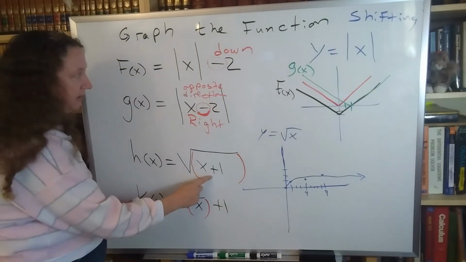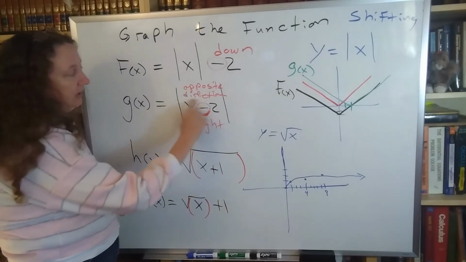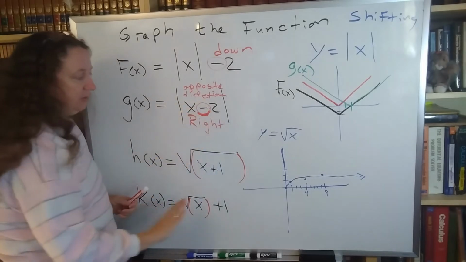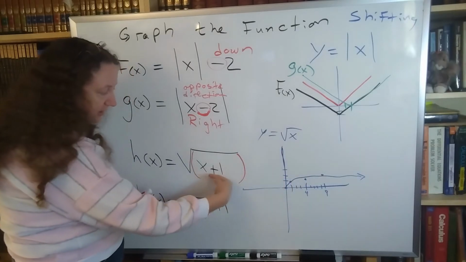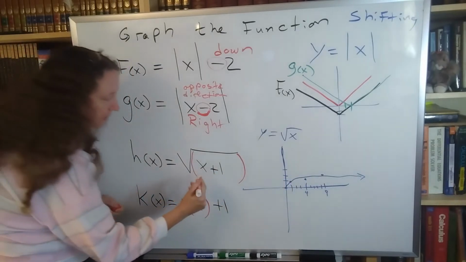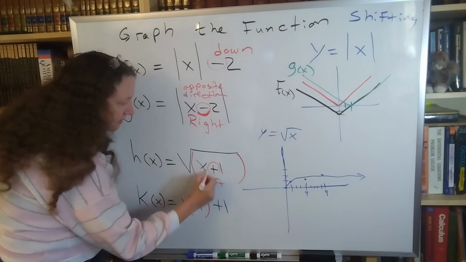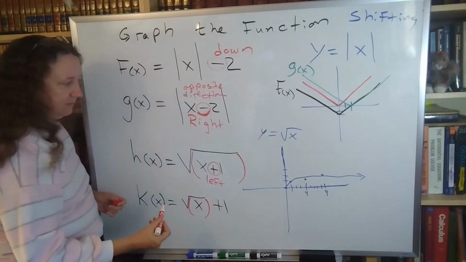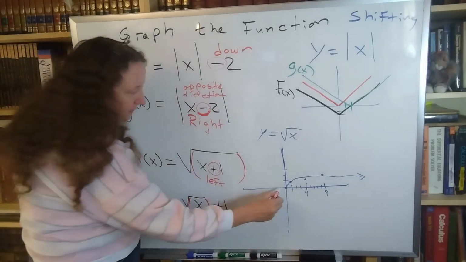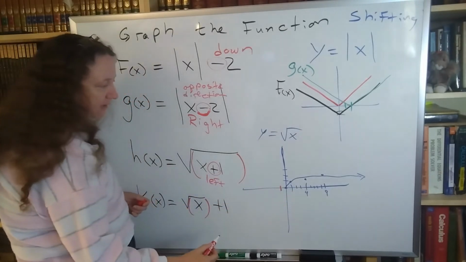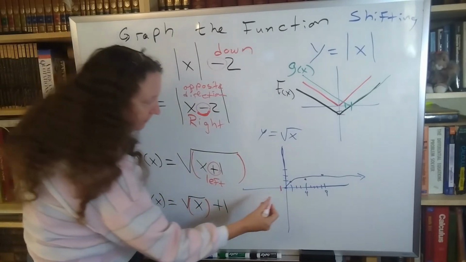So here, looking at this, I see that it's a plus sign, and like I said up here, it goes the opposite direction. So normally positive would be off to the right, but because it's a plus, it is going off to the left. So I'm shifting this left 1 space. So I find my -1, and everything just gets shifted left 1 space.